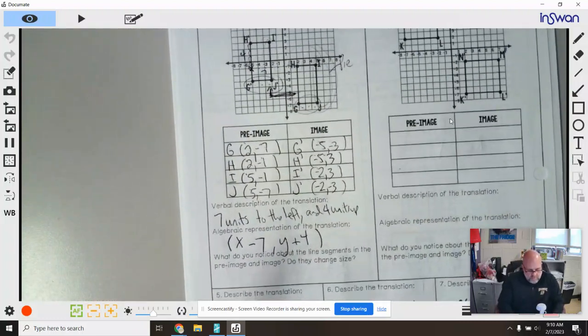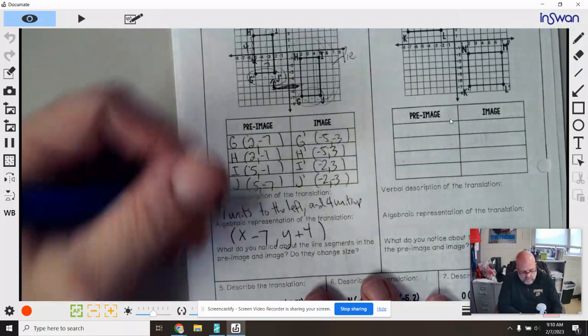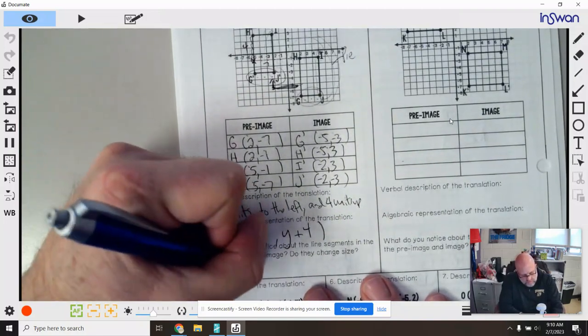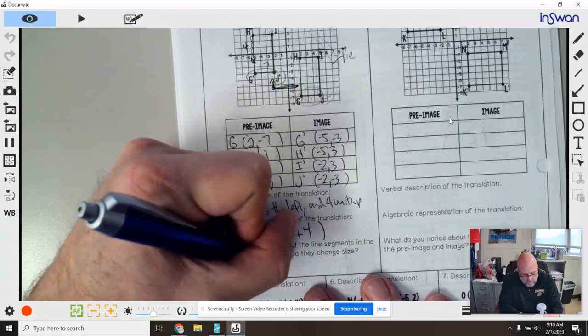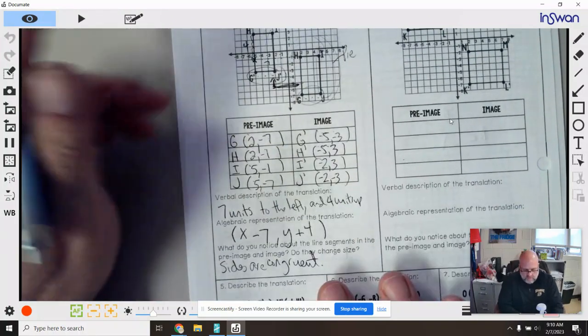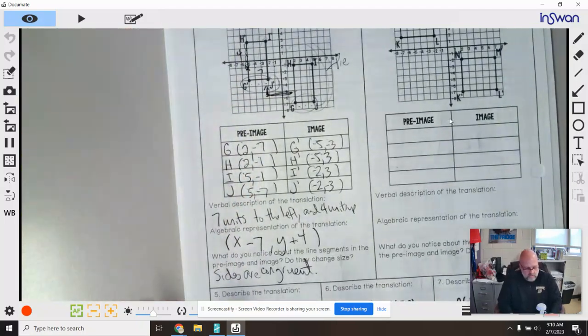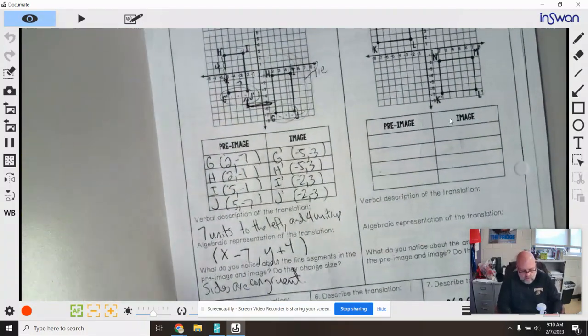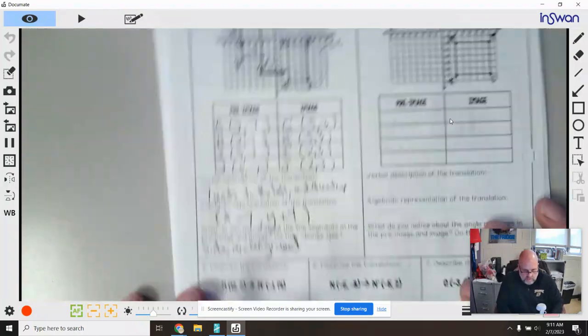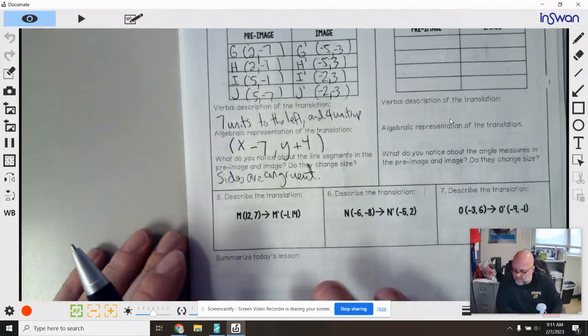That's one of the properties of a translation. Okay, so we say sides are congruent. These are the same size. All right, number 4, we are going to hold off on, and I want to go down to number 5.